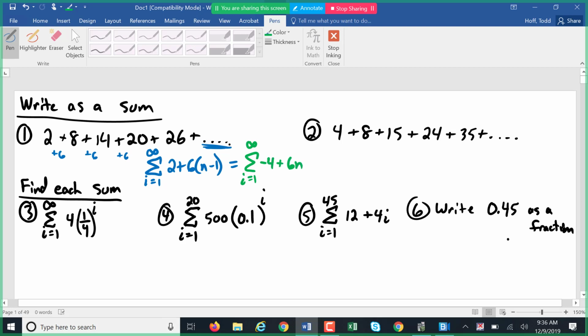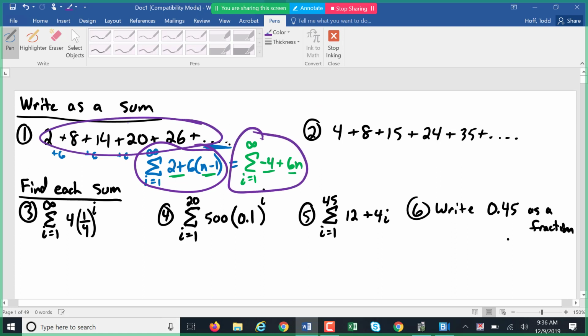Notice they're equivalent. The extra 6 here came from the 2 now being a negative 4, where here I did n minus 1 to get rid of that extra 6 at the beginning. But either one of those describes this sum here.